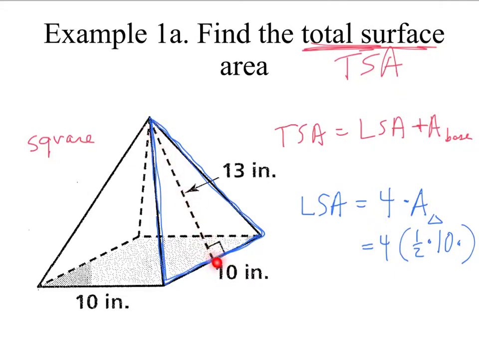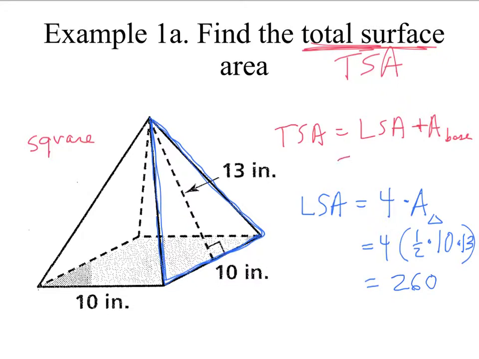It's 13. Is that the height of the pyramid? No, the height of the pyramid would be something like this, but that's inside the pyramid. I don't really care about that. I'm trying to find lateral, so I'm just on the side here. This 13 is the height of this triangle, so that's what I'll use. If we calculate this, we get 260.